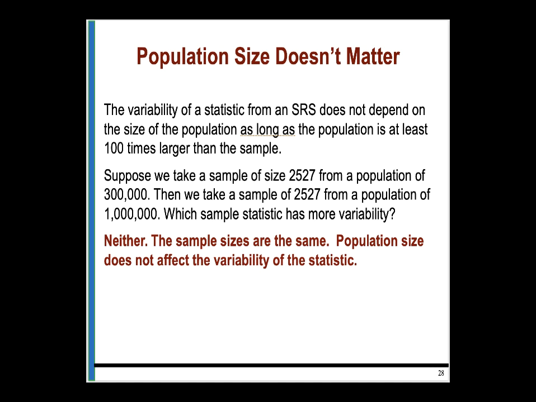Well, in this case, neither one would have more variability because the sample sizes are the same, and the population size isn't going to affect the variability as long as you can take the sample size, multiply it by 100, and you're still less than the population size, which we are in both of these cases.